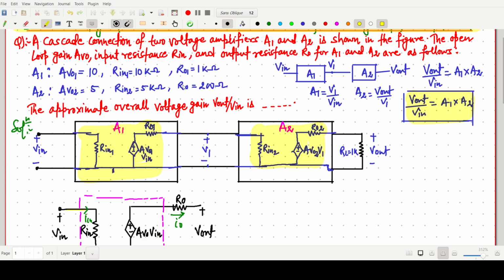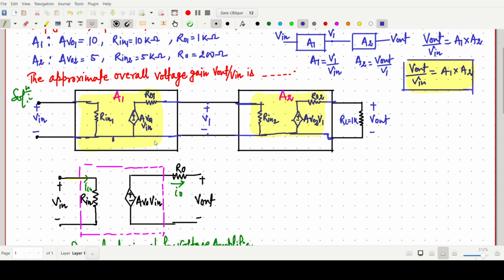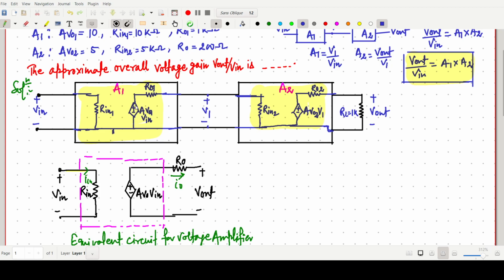Now we have to find the value of V output by V in, which is basically A1 times A2. If we consider this portion, we can easily find V1 from the voltage divider rule.